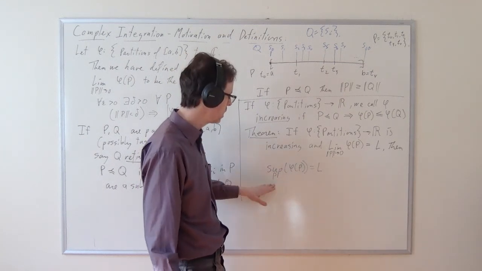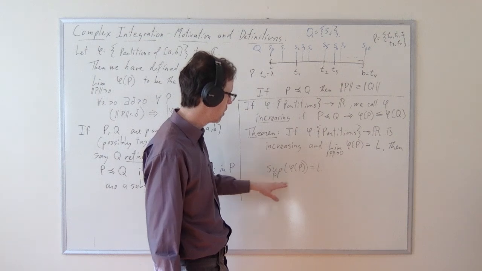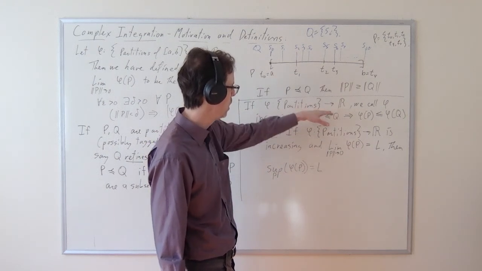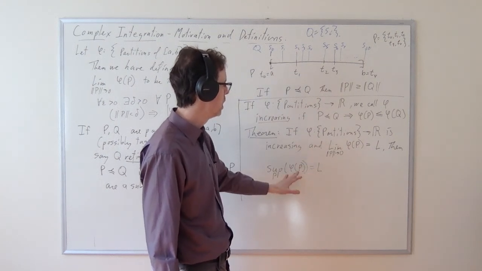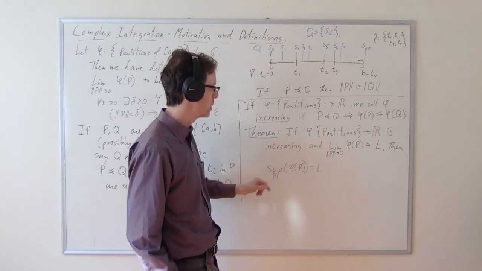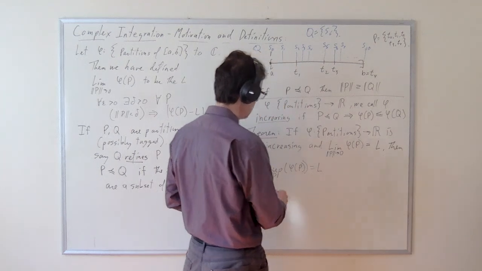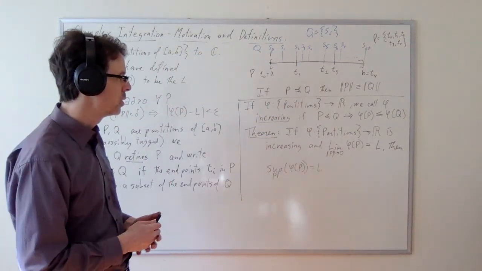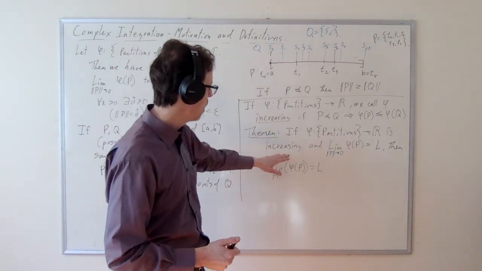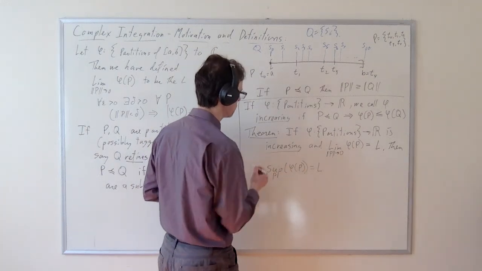So I don't need a special definition. Since they are all real numbers, the supremum is already defined. So basically, if this new fancy limit is equal to L, then it's equal to the supremum, but only if the thing is increasing, of course.